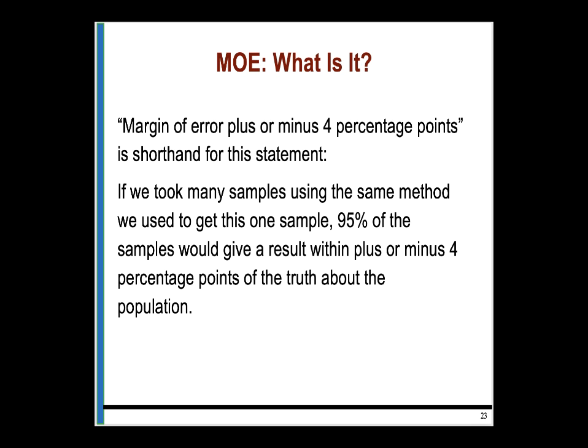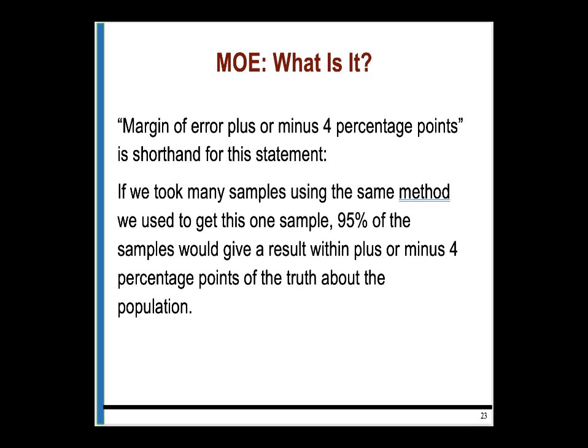Clarifying a little bit more on what this margin of error is. When you see a statement like margin of error plus or minus 4 percentage points, that's shorthand for this statement: if we took many samples using the same method we used to get this one sample, 95% of the samples would give a result within plus or minus 4 percentage points of the truth of the population.